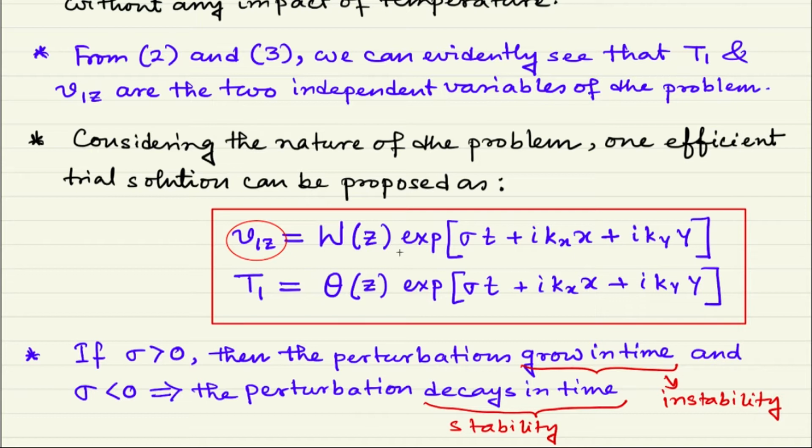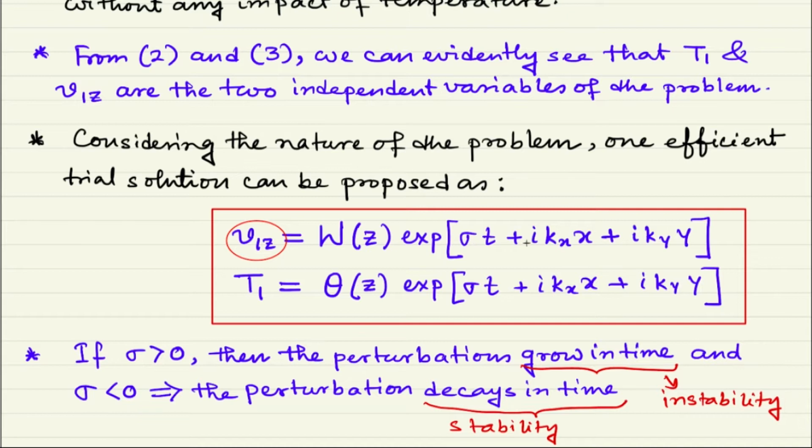So here we have simply written exponential of sigma times t, which is the temporal dependence of the solutions for both V1Z and T1. If sigma is real, there can be a possibility of instability, either growing or decaying. If sigma is imaginary, then in time it will be oscillatory.